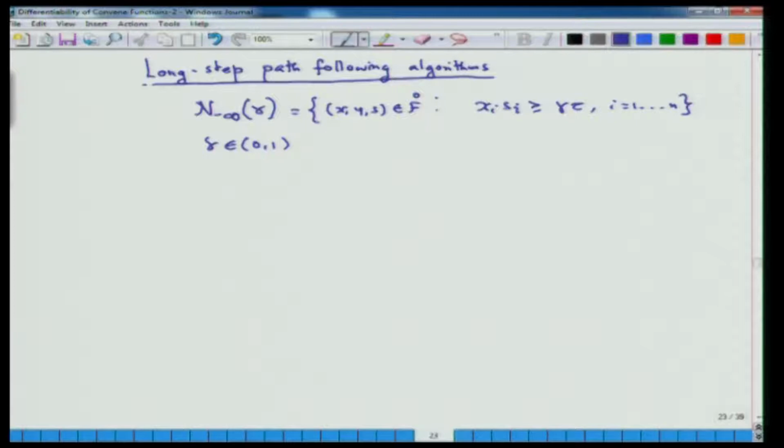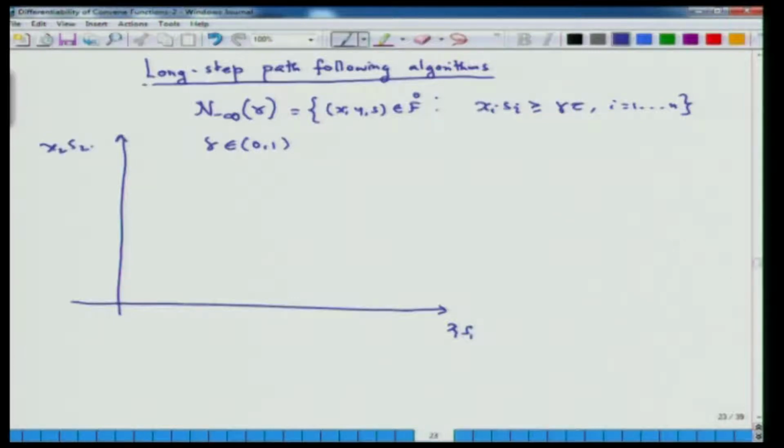So, the neighborhood N infinity of gamma, if you look again at the xs space, is much easier to look at, because here I am only talking about the products. So, let me look at x1 s1 and x2 s2, the standard 2-dimensional way to describe things. Once I look into 3 dimensions, it will become very difficult for me to describe this. So, here again the central path is this. Now, what is the neighborhood in this case?